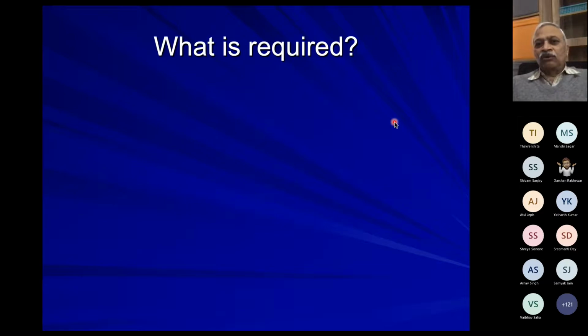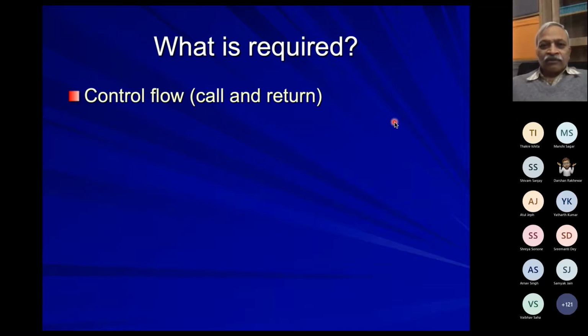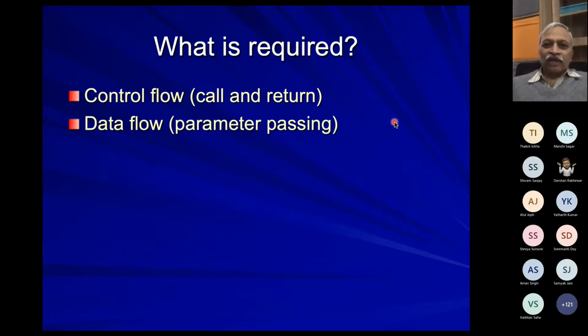Now, to do that at assembly level or machine language level, what is required? First of all, you need an arrangement for control flow. That is, you should be able to call and should be able to return from a procedure. So the control gets transferred from main to the procedure and back from the procedure to main. Also, you need data flow. That means there are parameters or arguments which need to be passed, and results need to be brought back.